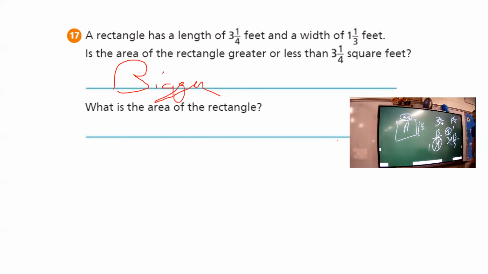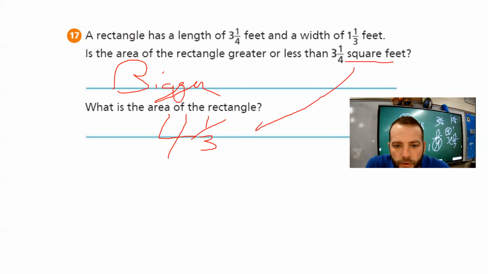How many 3s are in 13? 3, 6, 9, 12. Is there any left over? Sure there is. There's 1/3 left over. So that answer is 4 1/3. And its area, so we will realize that it should be square feet. So you can put 4 1/3 square feet.